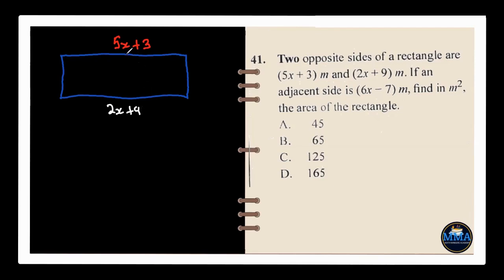And don't forget that the two opposite sides of a rectangle are equal. Then we are also told that the adjacent side is 6x minus 7. So this is the adjacent. These two are opposite. We are looking for the area.